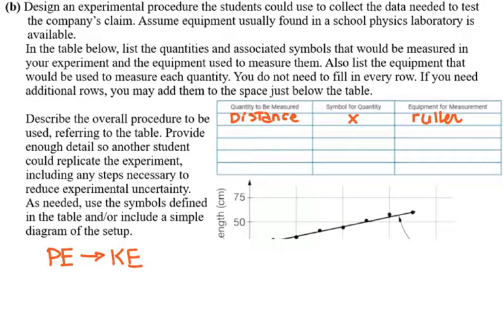And then you need a motion detector to measure the other quantity, velocity, right? So the distance is on the top.